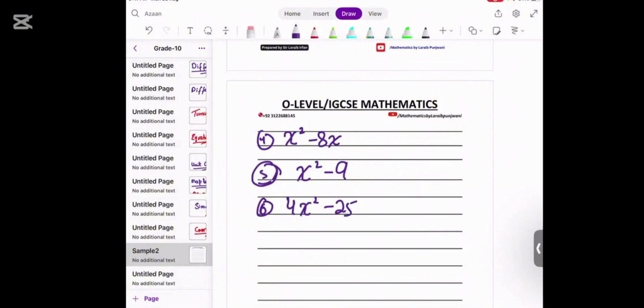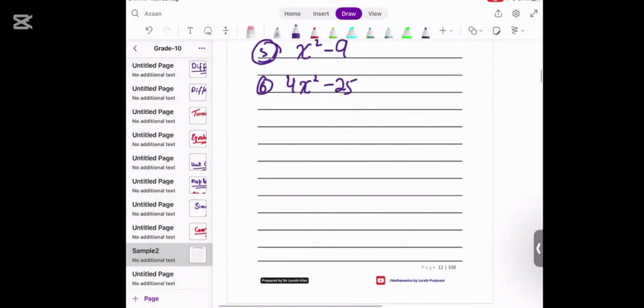Now try this one. 2x minus 5 and 2x plus 5. Very good. Now, I will give you some past paper questions.